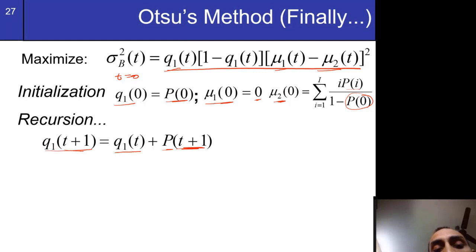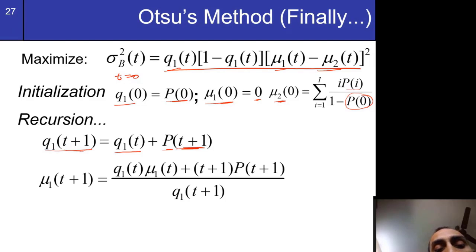If you add that, it will give you the number of pixels belonging to class 1 at intensity value t plus 1. And how do you update your mean for class 1? It will be the previous mean that you have calculated up to t, multiplied by the number of pixels till t. Then you also have to take into account the new pixels, so it's like a running average that you are doing.